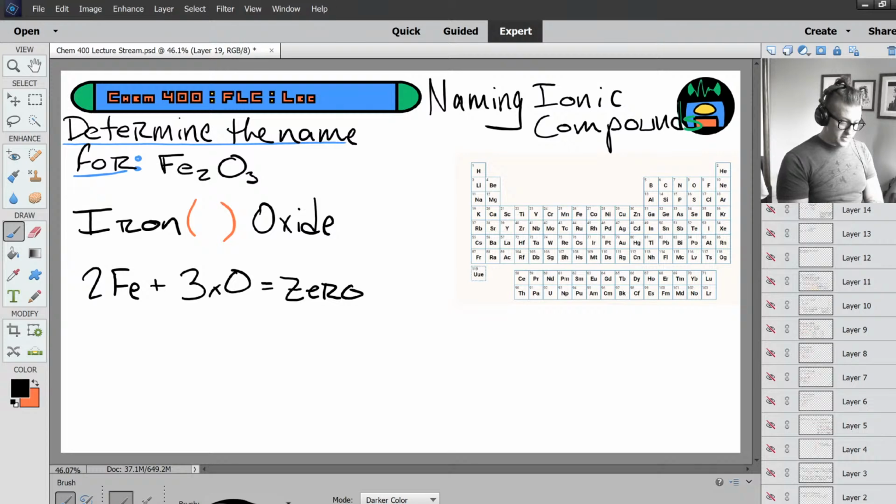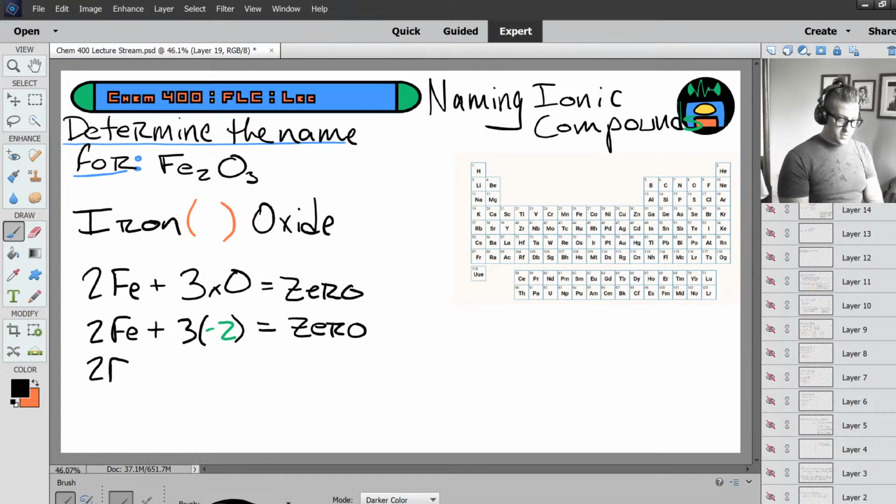because that's what it means to be net neutral. And so 2 iron plus the charge of 3 oxide anions, which each have a charge of -2, have to sum to 0.